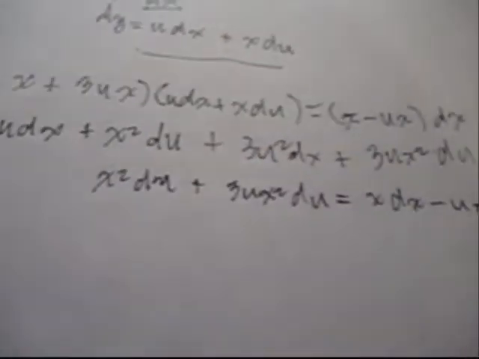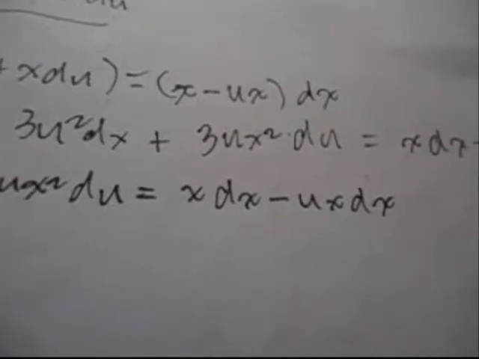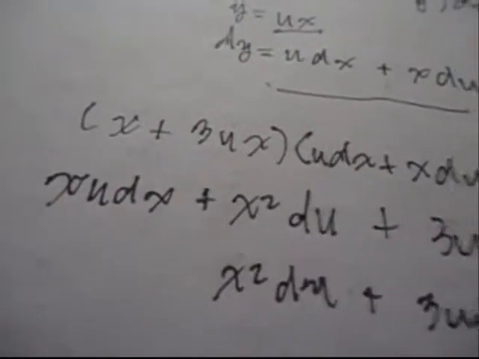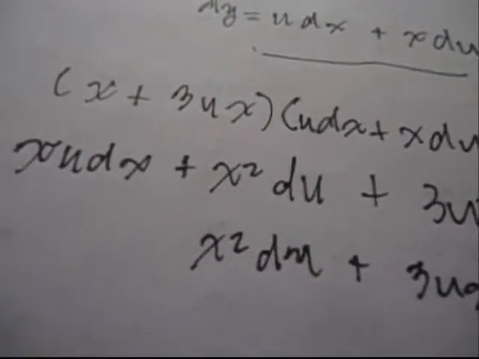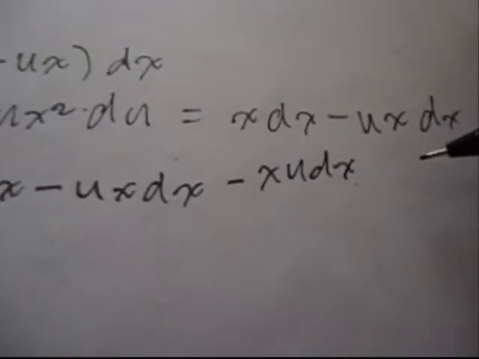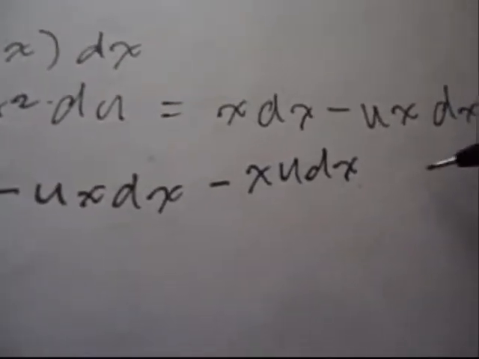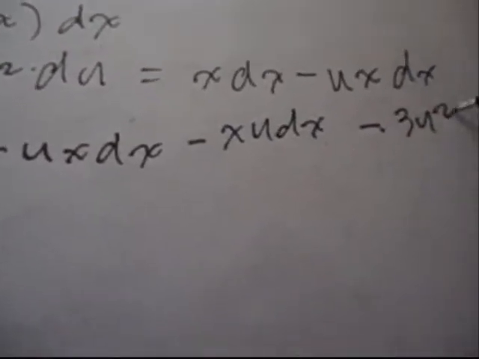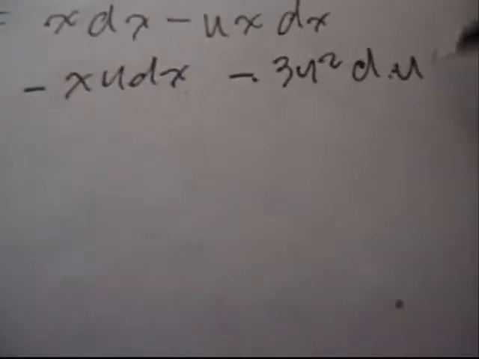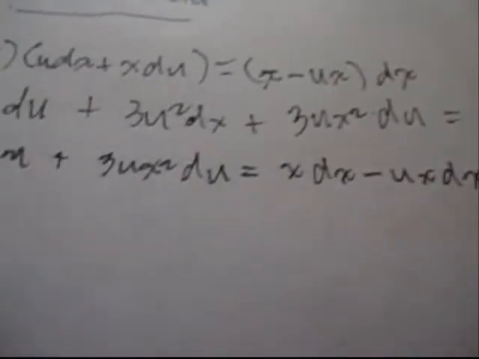Then transferring these terms with dx on the right side, we will have minus x u dx minus 3u squared dx. So we have that, and then we will factor out the common terms, which are x squared and du.